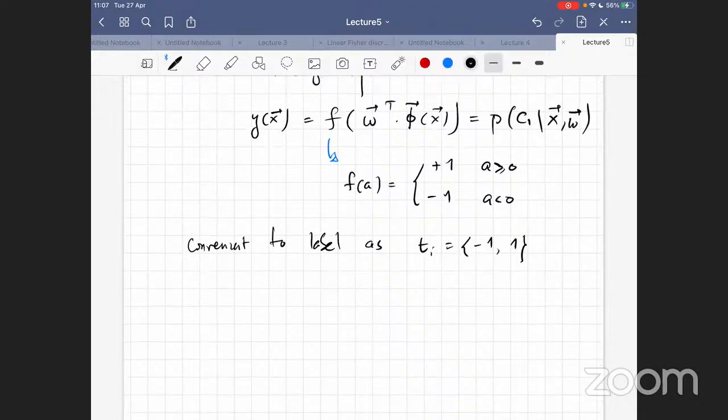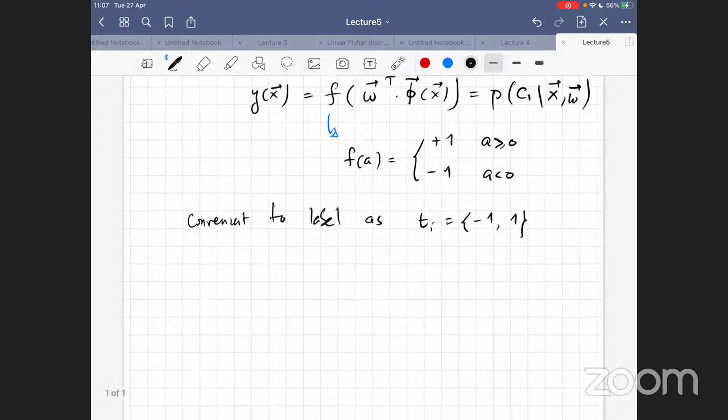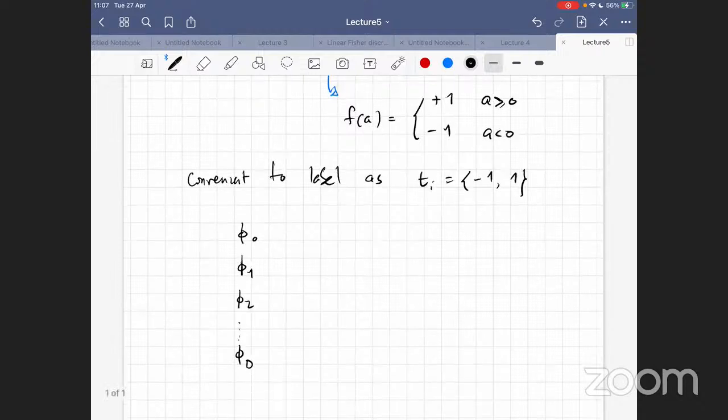So then you have a data set, which can be d-dimensional, and for each point you have -1 or 1. A graph that represents this model can be drawn like this. Imagine I have some dimensions, phi 0, sorry, phi 1, phi 2, up to phi d in general. I have d dimensions in my input in phi space.